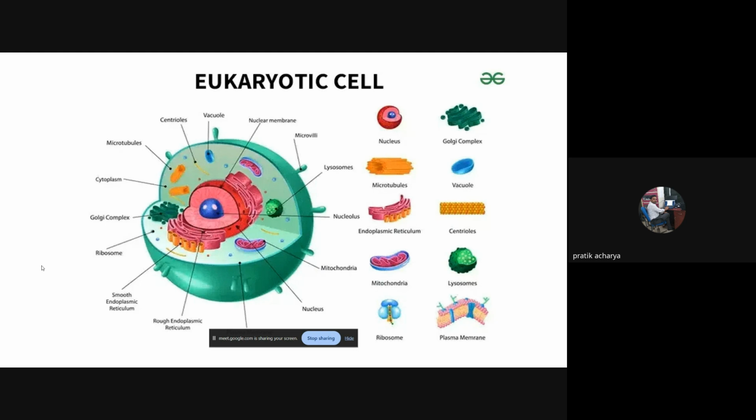They have endoplasmic reticulum, which is generally considered as the continuation from the plasma membrane to the nuclear membrane. Golgi complex is there, mitochondria, lysosome, ribosome, plus plasma membrane, vacuole, microtubules, everything is present.